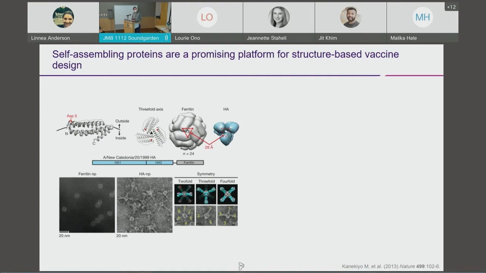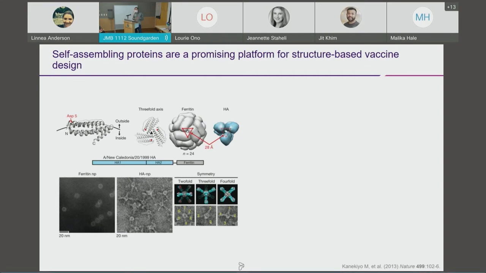And there was a beautiful paper in 2013 from Masaru Kanekiyo at the Vaccine Research Center showing that this non-viral structural protein, ferritin, which self-assembles to an octahedral complex with 24 subunits, can be used to scaffold what I'll call a complex antigen, in this case, influenza hemagglutinin, a trimeric viral glycoprotein, highly glycosylated, multiple disulfide bonds, right? This is something that you can't put on just any particulate system, right? Ferritin proved to be robust enough to handle this complex antigen.